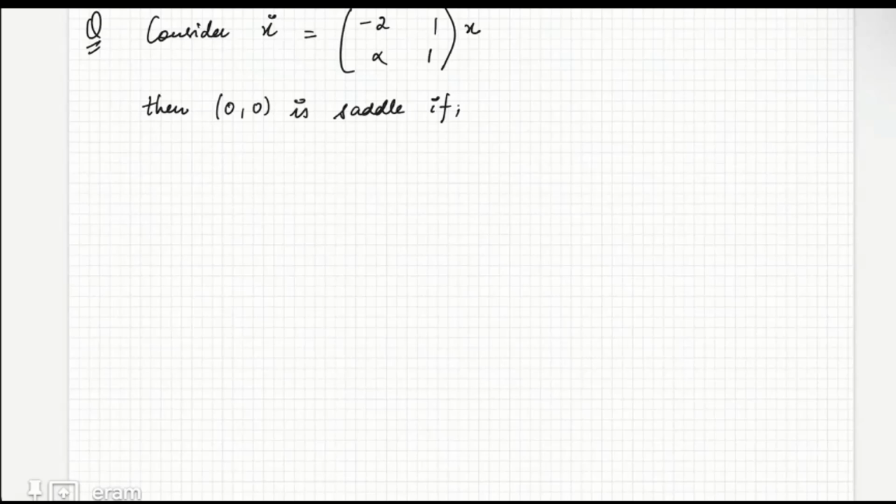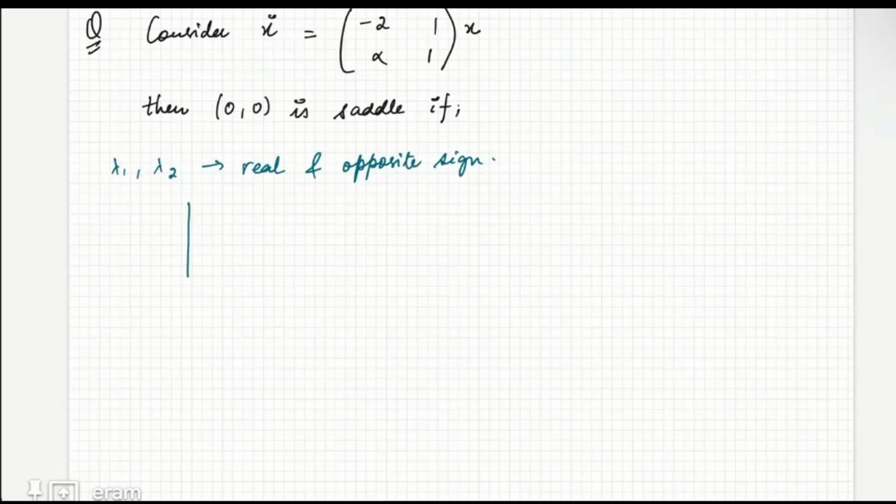For a saddle, we know that the eigenvalues, if they are given as lambda 1 and lambda 2, should be real and should have opposite signs. Now since eigenvalues depend on the characteristic equation, what will be the characteristic equation for this system?